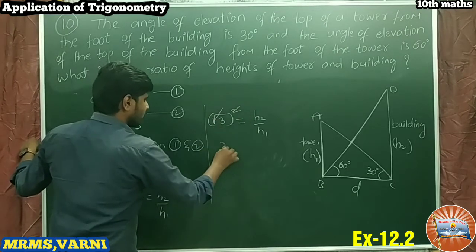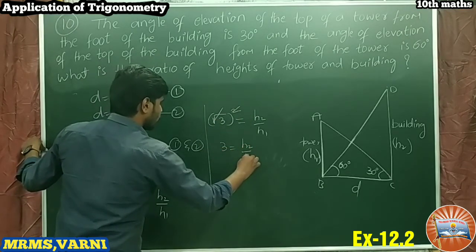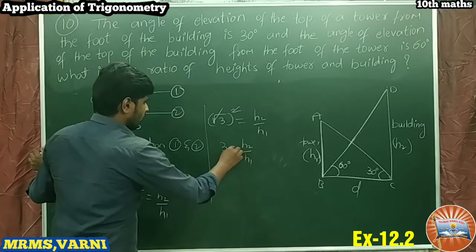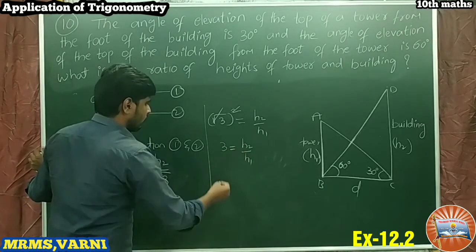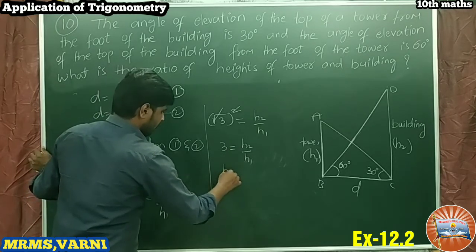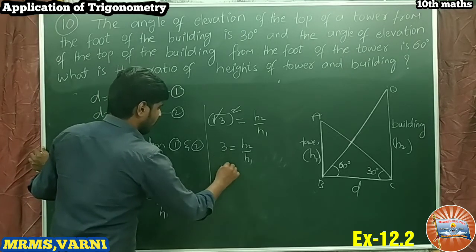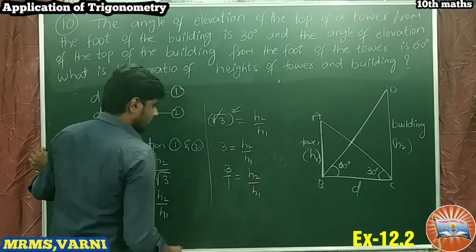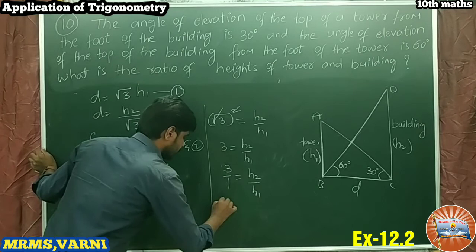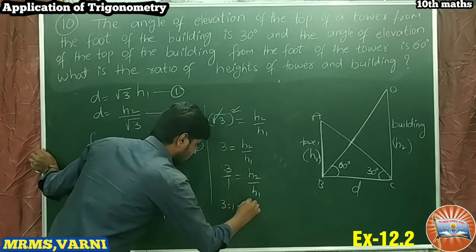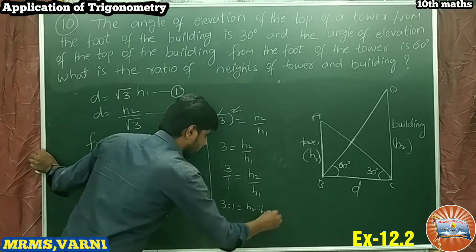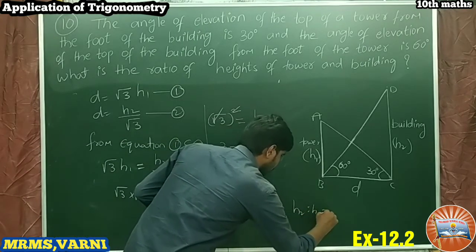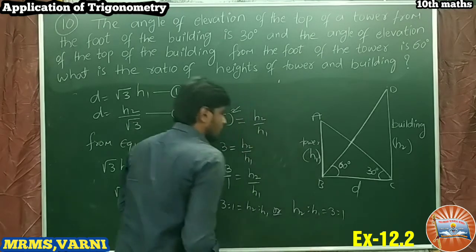The square root gets cancelled, 3 is equal to H2 by H1. So 3 by 1 is equal to H2 by H1. This is the ratio, 3 is to 1 is equal to H2 is to H1, or we can write H2 is to H1 is equal to 3 is to 1.